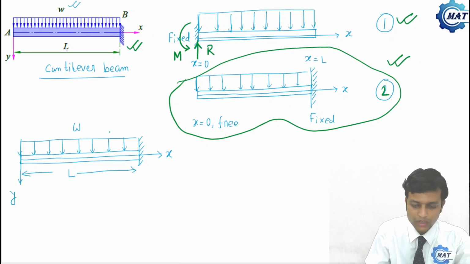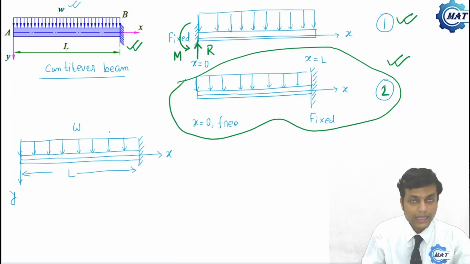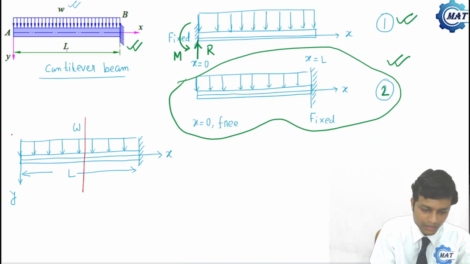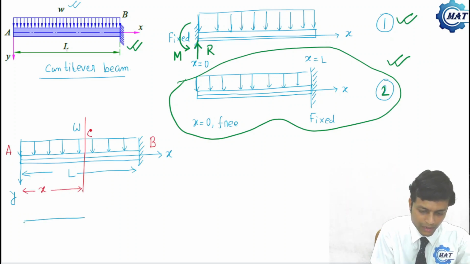As there is no discontinuity in force, that is a uniformly distributed load, one section is sufficient to draw the shear force and bending moment diagram. So we will take a section, say this beam is AB, at C at distance x, at any distance x. What will be the free body diagram?